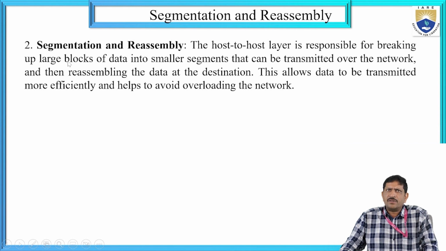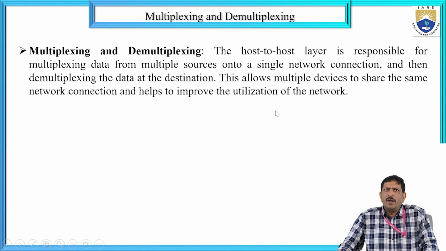By breaking up these large blocks of data into small segments, we can easily transmit the data from one device to another device over the network, and then reassemble the data at the destination. This allows the data to be transmitted more efficiently and helps to avoid overloading the network.